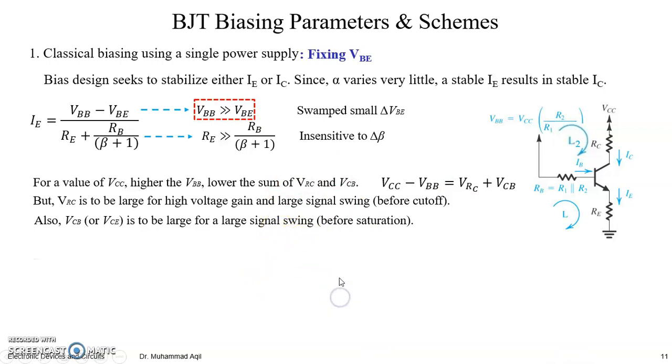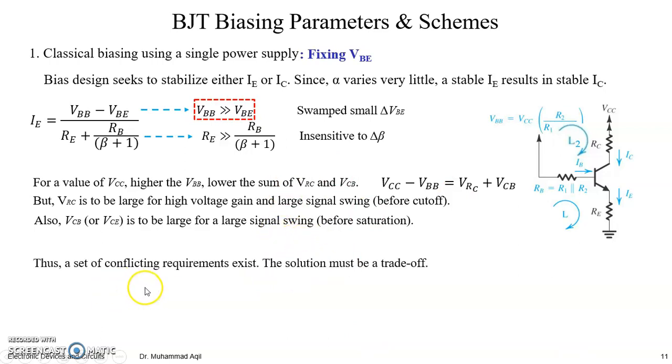So we have conflicting requirements. This says VBB should be increased to have a stable IE against temperature and other variations, but if we increase it, we lose signal swing.